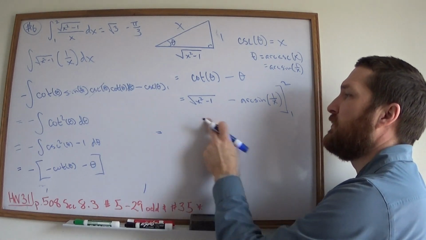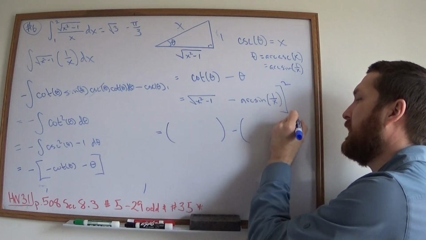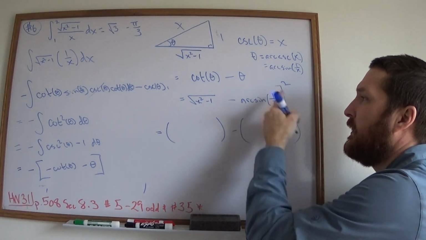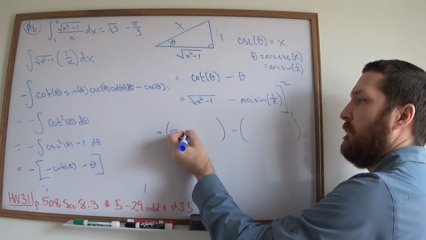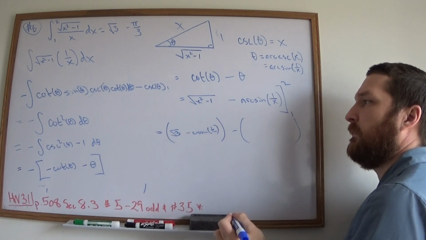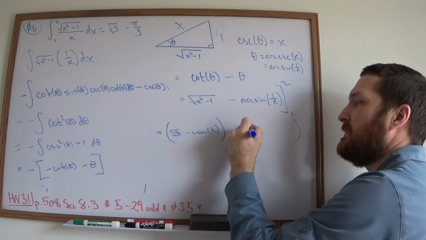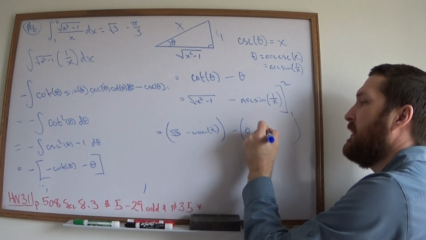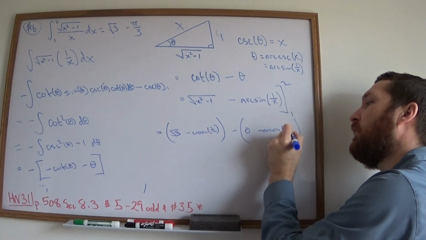And so, let's just do that. I'm going to plug in my 2, evaluate it, plug in my 1, evaluate it. Plugging in my 2 gives me root 3, just like we saw before, minus arc sine of 1 over 2. Plug in my 1, that guy is a 0, and now I have minus arc sine 1 over 1.